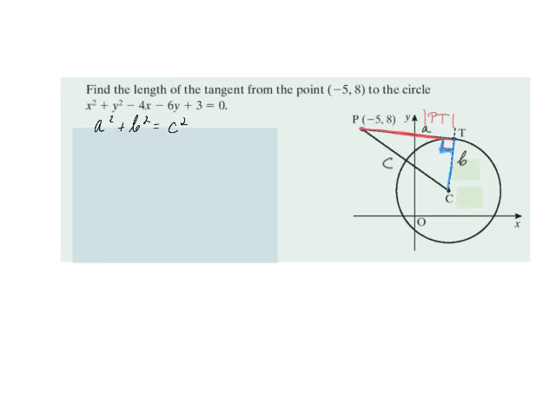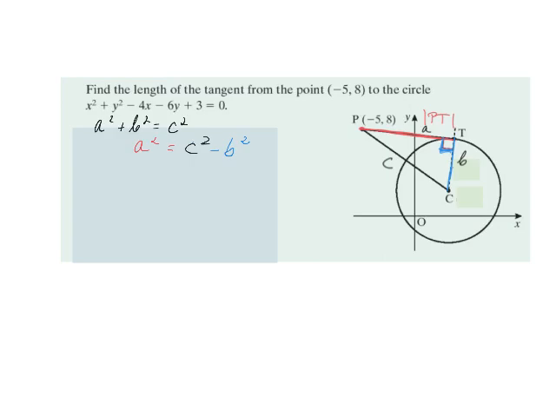What we're looking for is the a square, the red. So we have a square equals c square minus b square. This is how we can find a square.